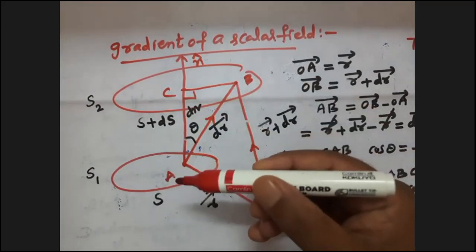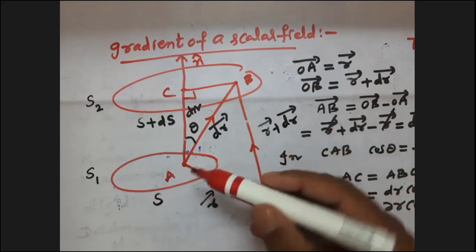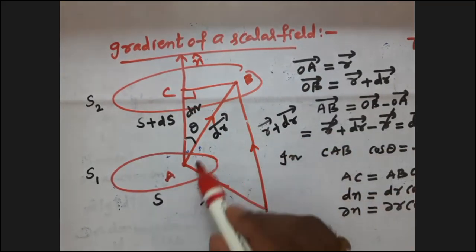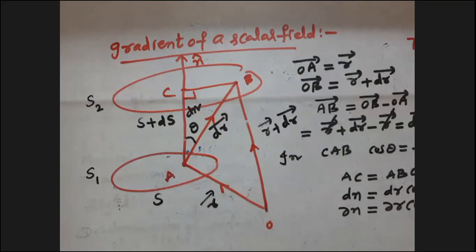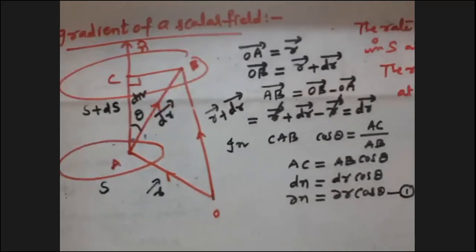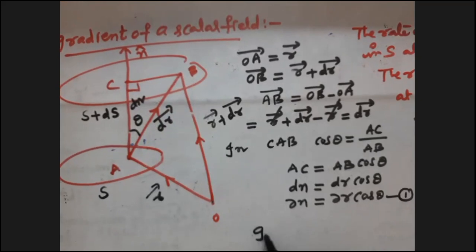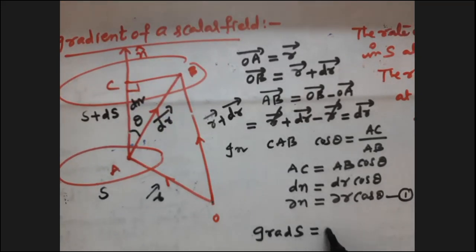The general definition: the maximum rate of change of scalar field at any point on the level surface is defined as the gradient of the scalar field. Therefore we write it as grad S, that is del bar S equal to dou S by dou N. So here already we got the magnitude.